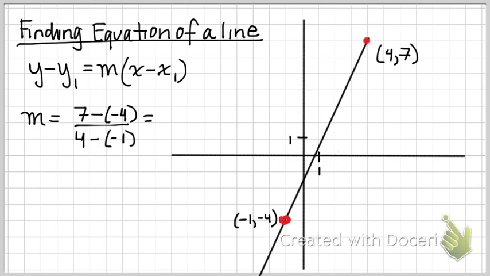So that's 11 over 5. And then I can use either point as my point, so I'll just take the 4, 7.